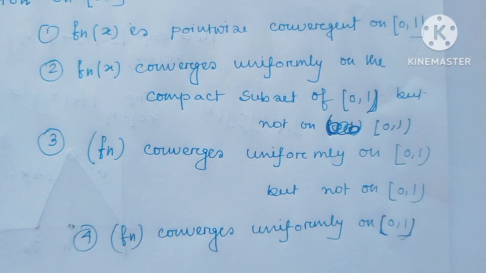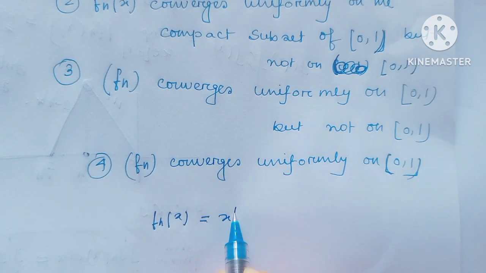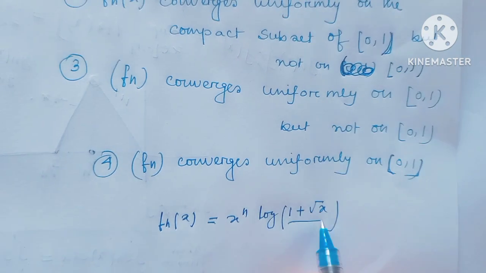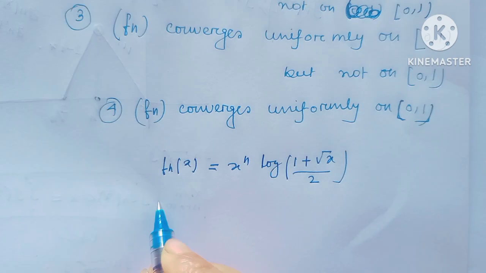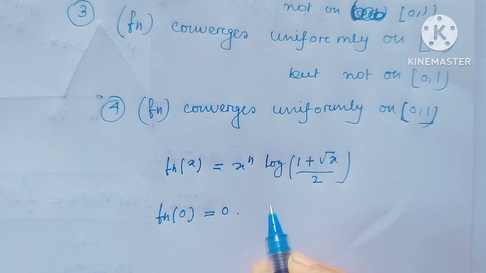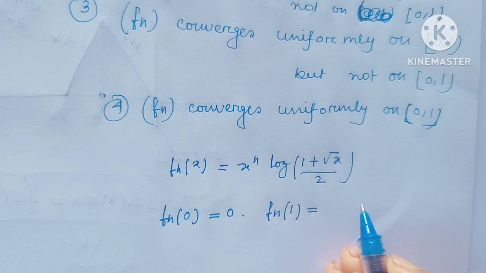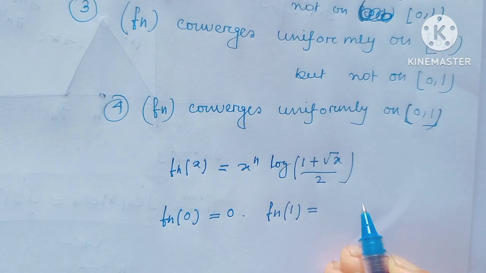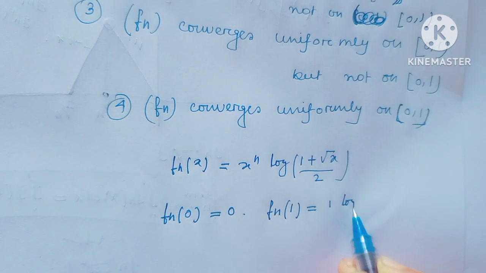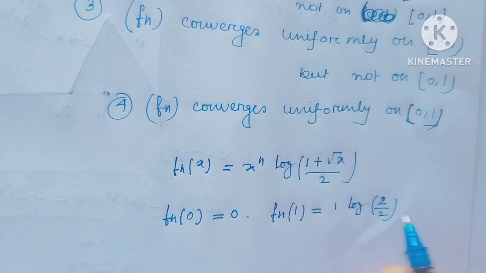Notice here fn(x) equals x to the power n log((1 + √x)/2). fn(0) is obviously 0, and fn(1) equals 1 times log((1 + 1)/2), which means log 1.